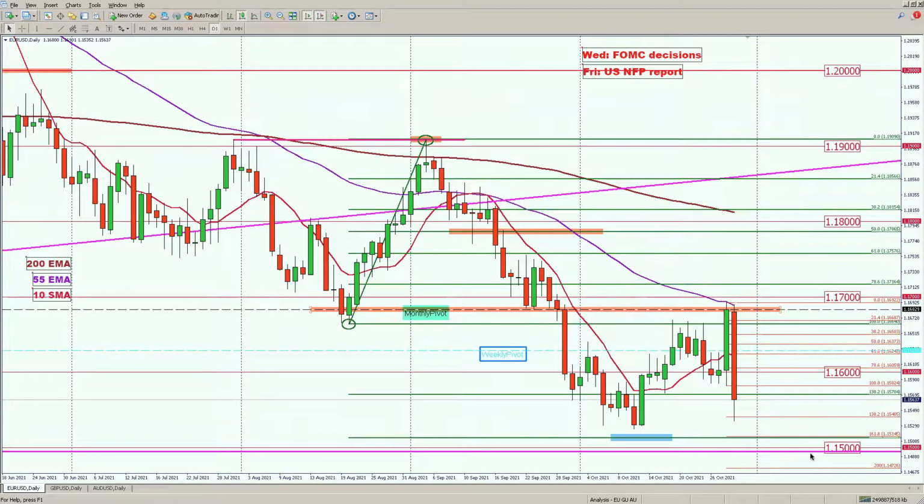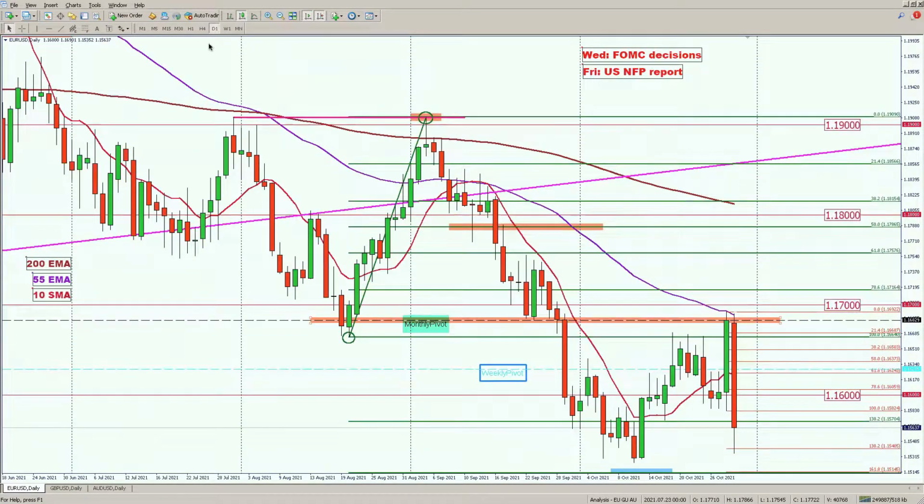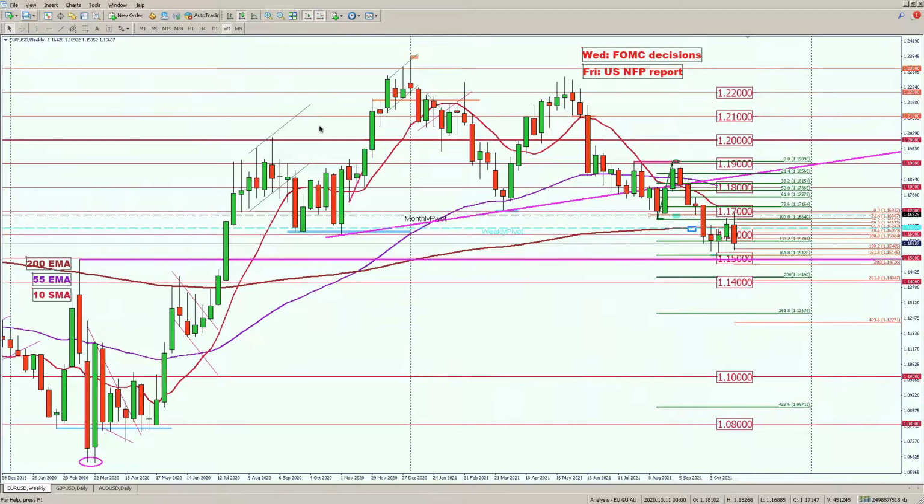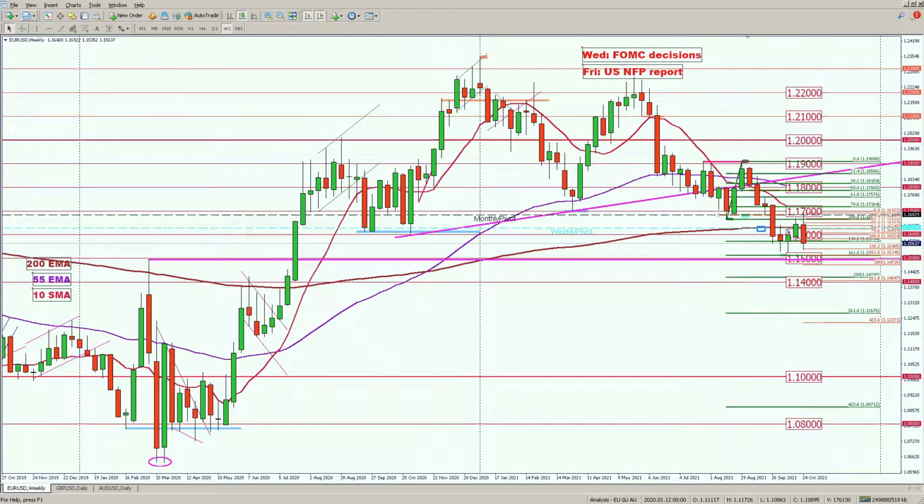And at the 115, just below that, there's also a longer term swing high up here. So that's going to be a strong support area around the 115 plus the confluence of the 162 fib extension level.